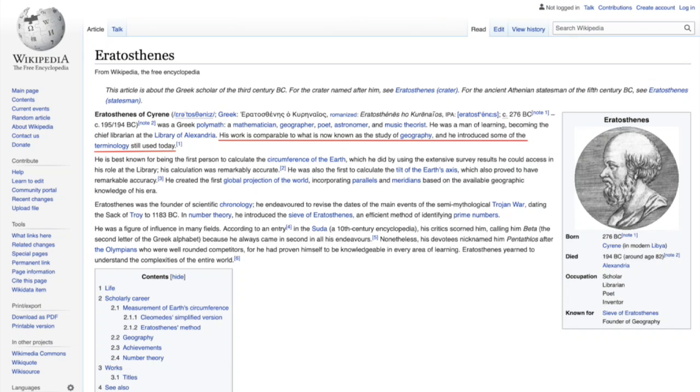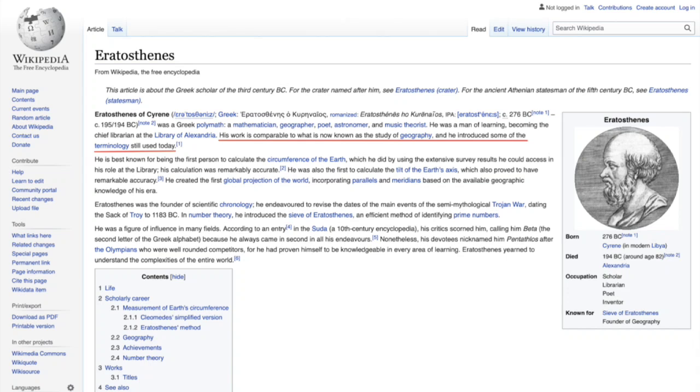He is best known for being the first person to calculate the circumference of the Earth, which he did by using the extensive survey results he could access in his role at the library. His calculation was remarkably accurate.